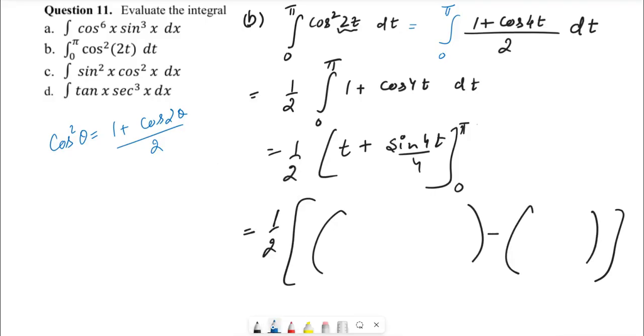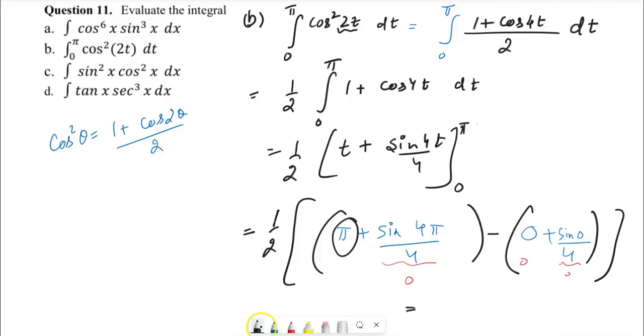When I put the upper limit, pi plus sine 4 pi by 4. When I put 0, this is 0 plus sine 0 by 4. Sine 4 pi is 0, sine 0 is 0, all these terms are 0, so we are only left with pi, and half is outside. The answer is pi by 2.